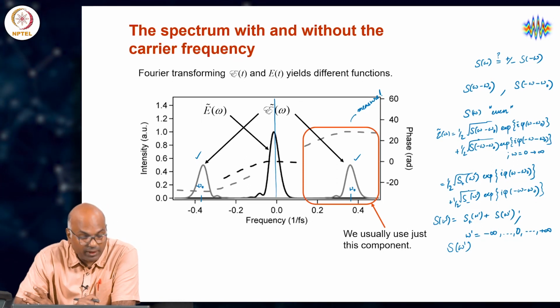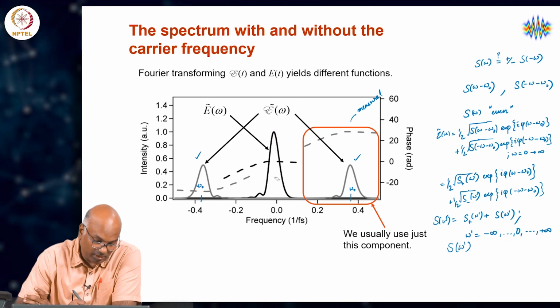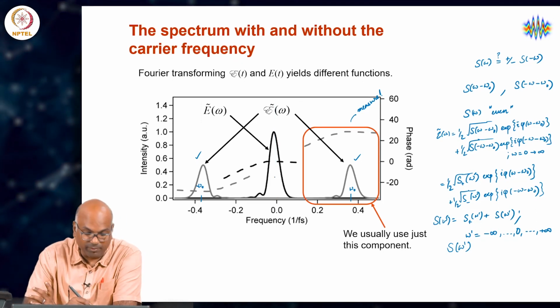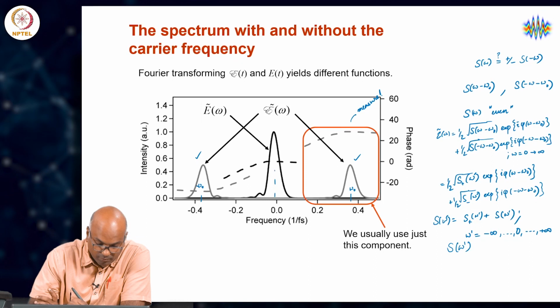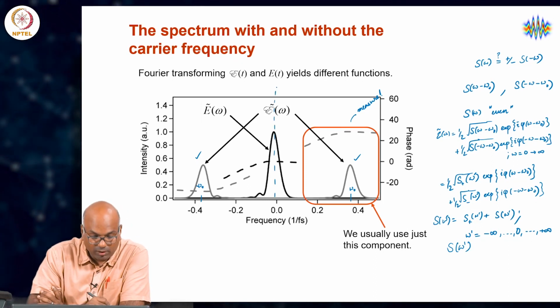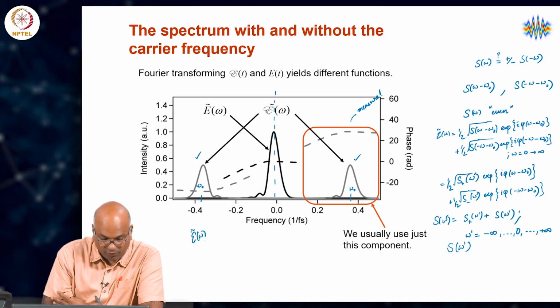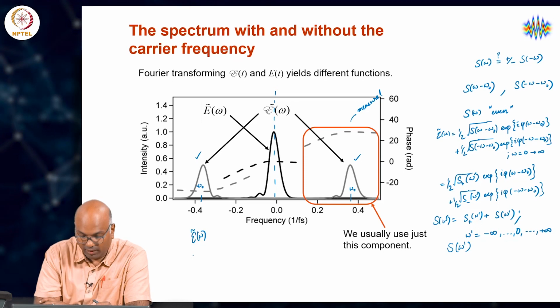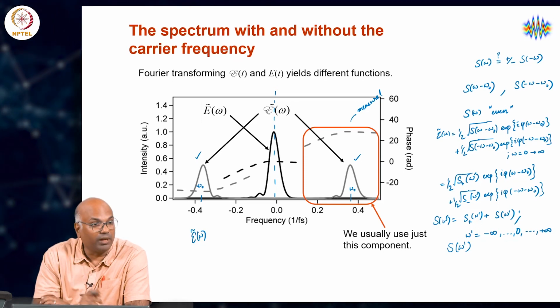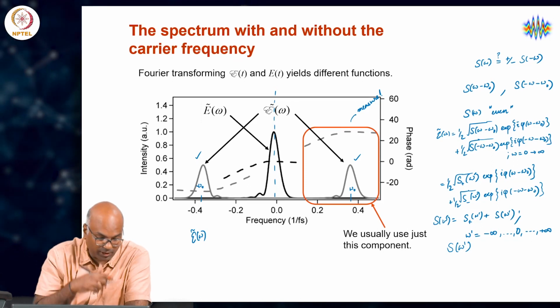However, the point I wish to make is that this idea runs into a problem, in my opinion, if we now talk about E tilde of omega, without considering everything in the spectrum, neglecting the carrier frequency omega naught.